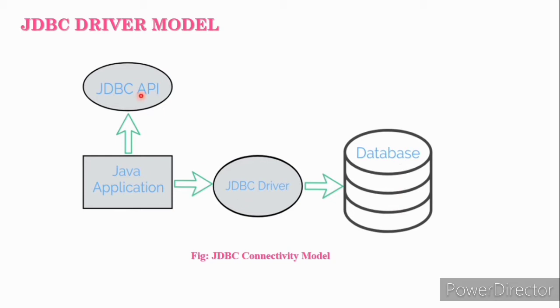The JDBC API is the main component in the driver model, and the Java application will make use of the JDBC driver to communicate with the databases. It acts as a connection between the Java application and databases, and it is compulsorily required to access the data from the database.